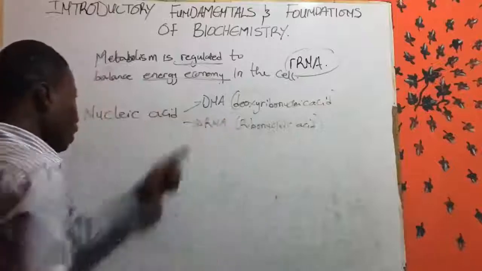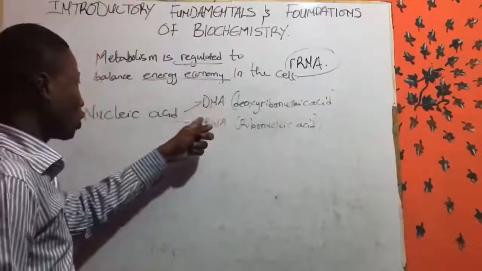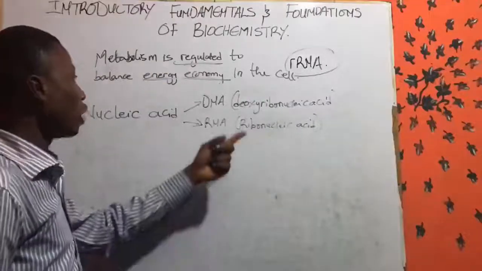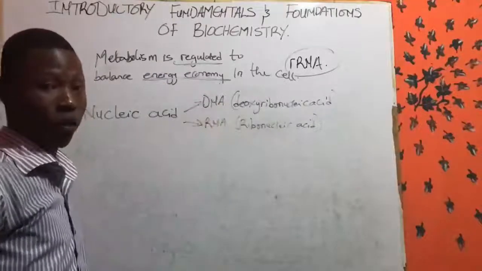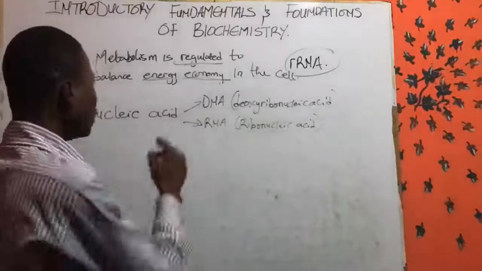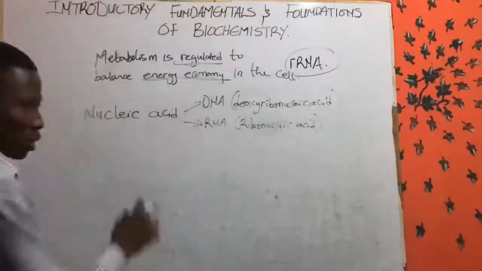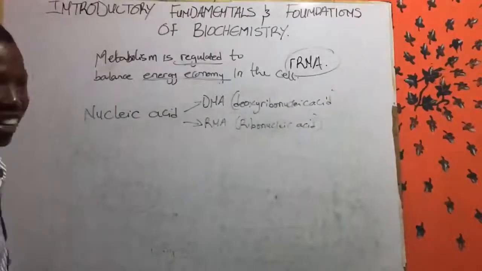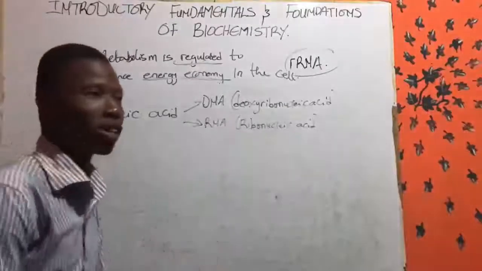Although it is your DNA that will get transcribed to RNA. The difference between DNA and RNA is not far-fetched. Just two things. For you to have a nucleic acid, maybe I should take my time to explain that.